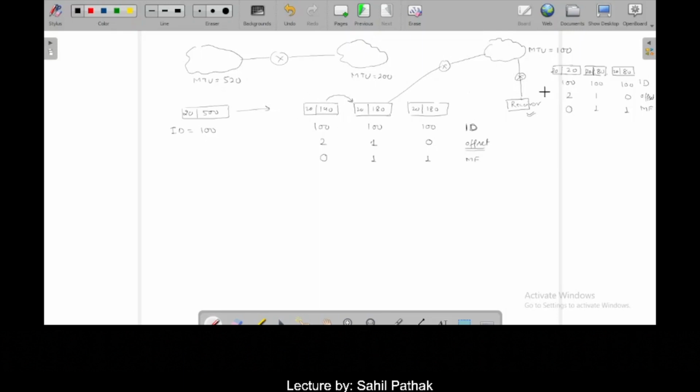So when we have divided this fragment into further refragments, the last fragment in this fragment is going to be followed by another fragment. So the MF field is equal to 1 because more fragments are following. You have to keep in mind that here it is not 0, it would be 1.